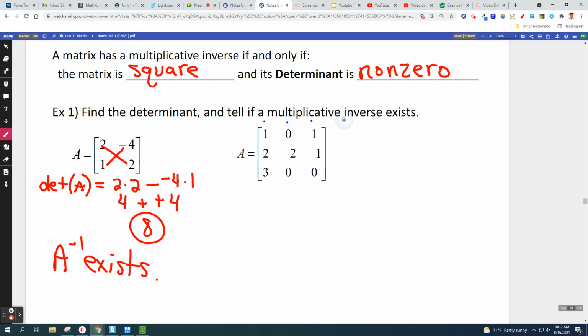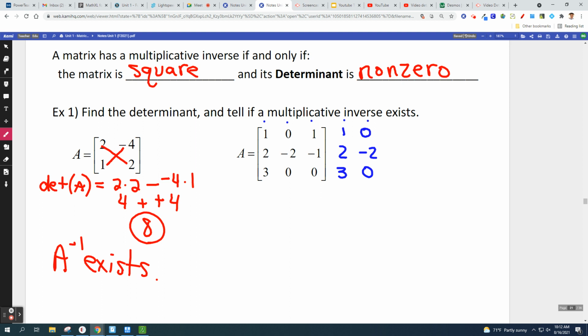So I'm going to make like a column 4, and it's going to be the same thing as column 1. And I'm going to do another column, and it's going to be the same thing as column 2. Now try really hard to keep all of your numbers perfectly spaced and lined. I don't want to copy the whole thing. I'm going to end up with 5 columns total, not 6.